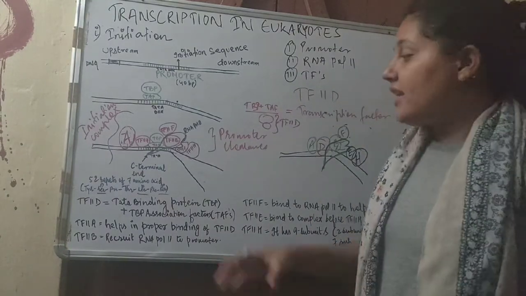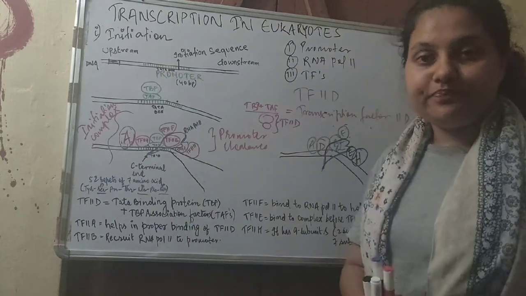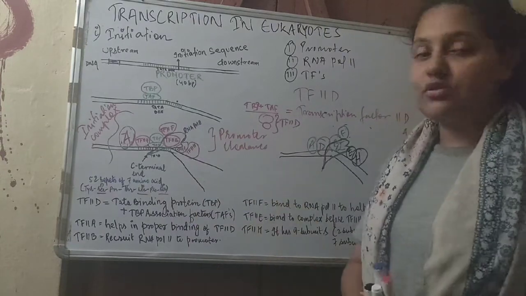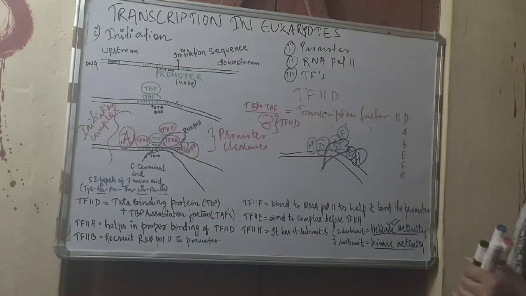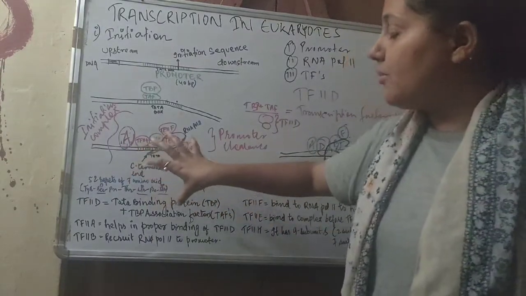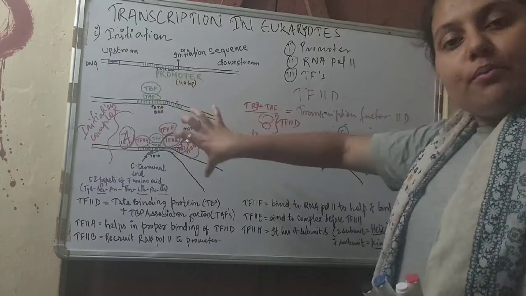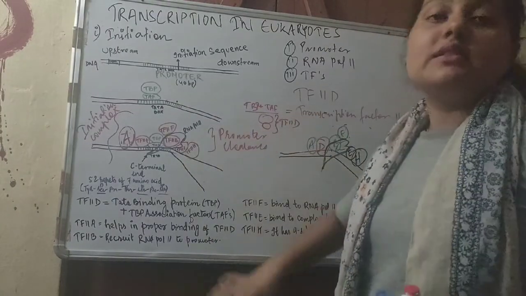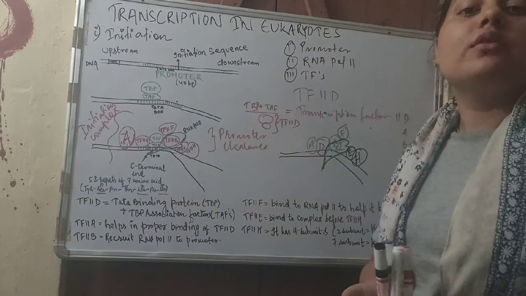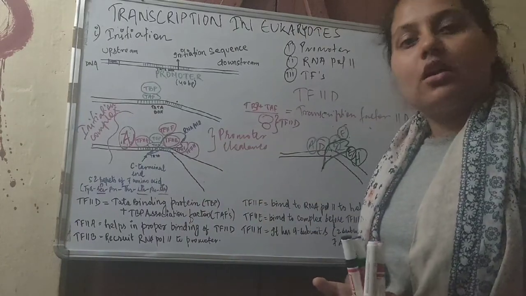Then they get energy, so the RNA polymerase gets energy to move apart from the promoter and thus start the process of RNA synthesis.